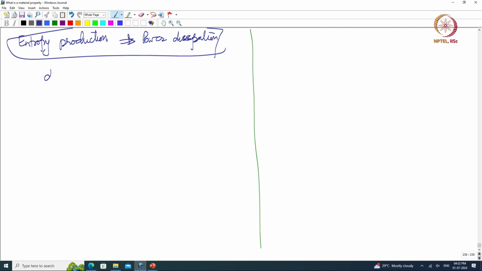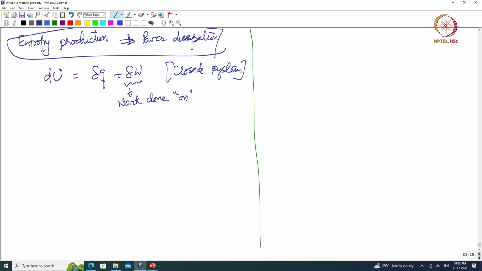Let us again start with the first law of thermodynamics, where dU is delta Q plus delta W, in a closed system. The convention for delta Q and delta W is that work done on the system is positive, and heat given to the system is positive.